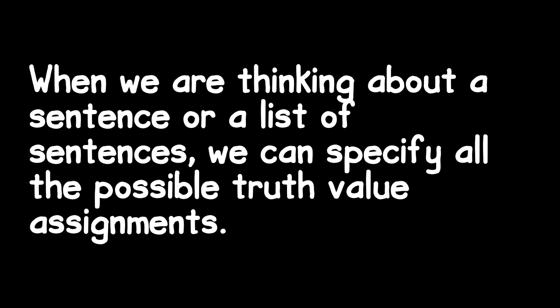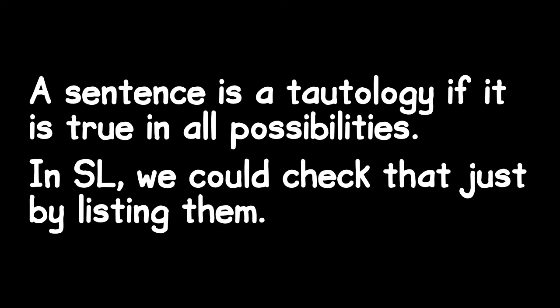That's what we do when we construct a complete truth table. Every row of a truth table represents a way the world could be, and in a complete truth table, we consider all the relevant possibilities. A sentence is a tautology if it's true in all possibilities. And in SL, we could check that just by listing them.